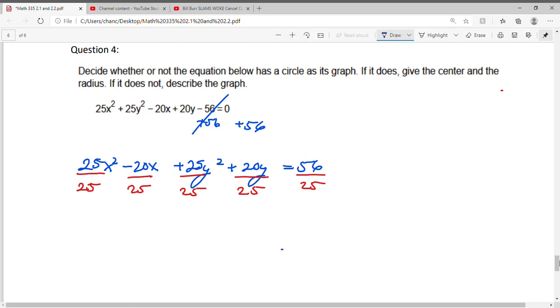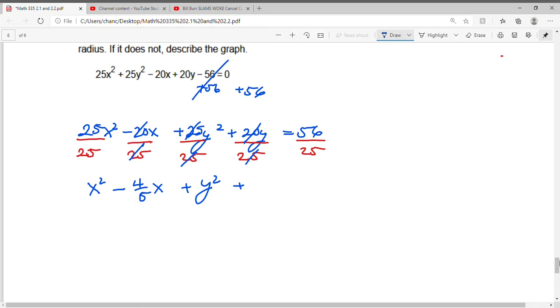This simplifies to x² − (4/5)x + y² + (4/5)y = 56/25.